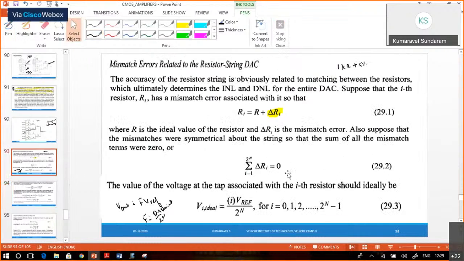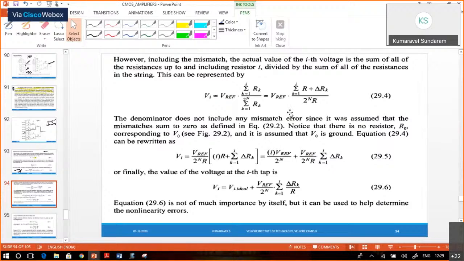The sum of mismatch corresponding to all the resistors is 0. So for the numerator part alone, we will expand the equation: Vref by 2 power n R into I into R plus sigma k equal to 1 to I of del Rk.